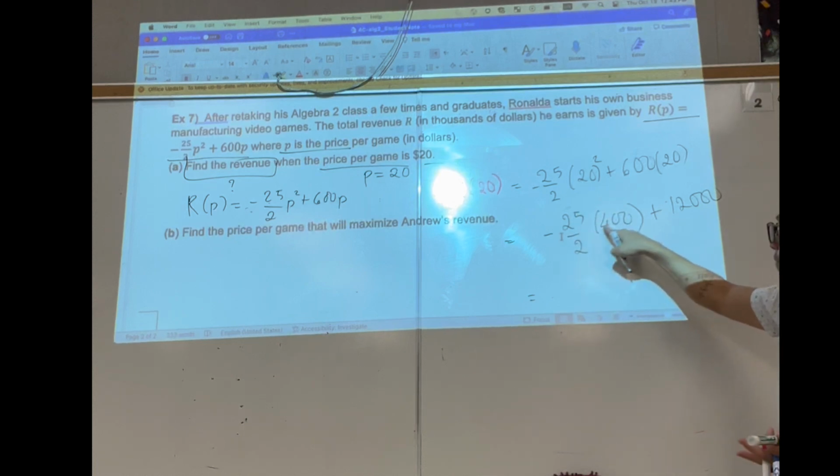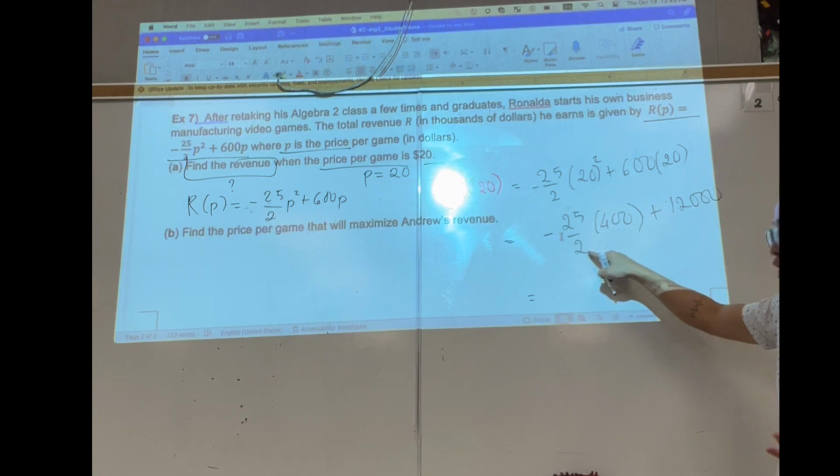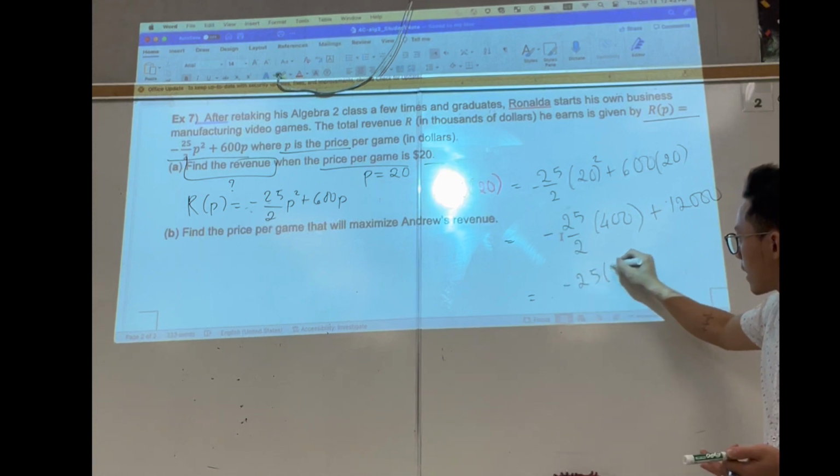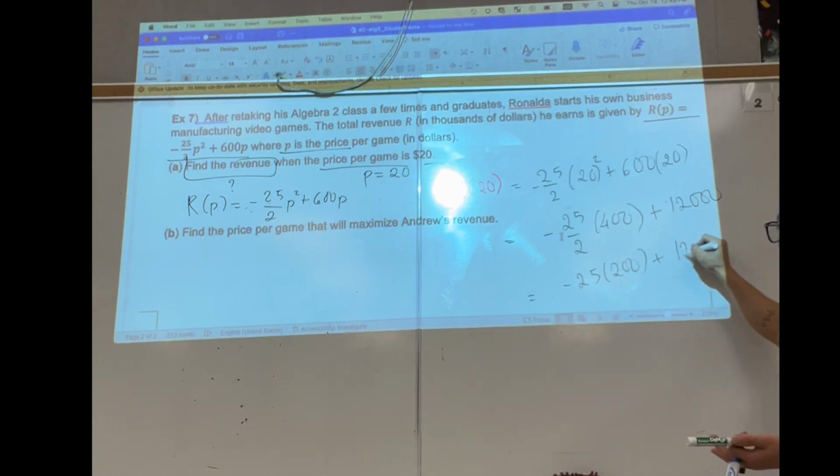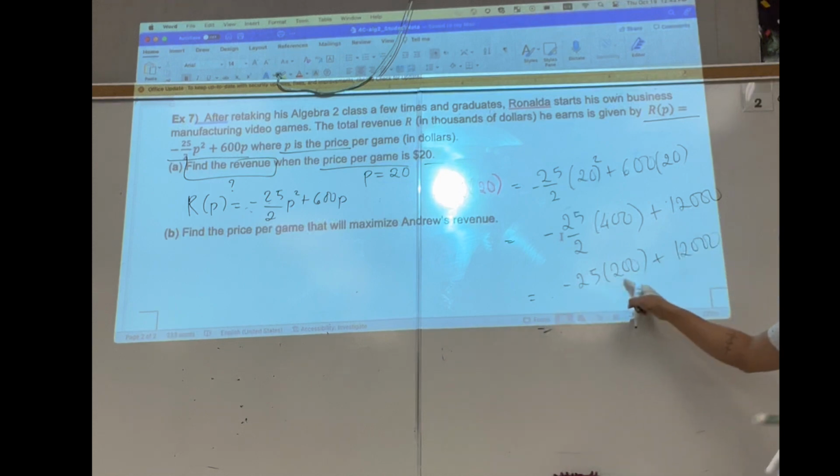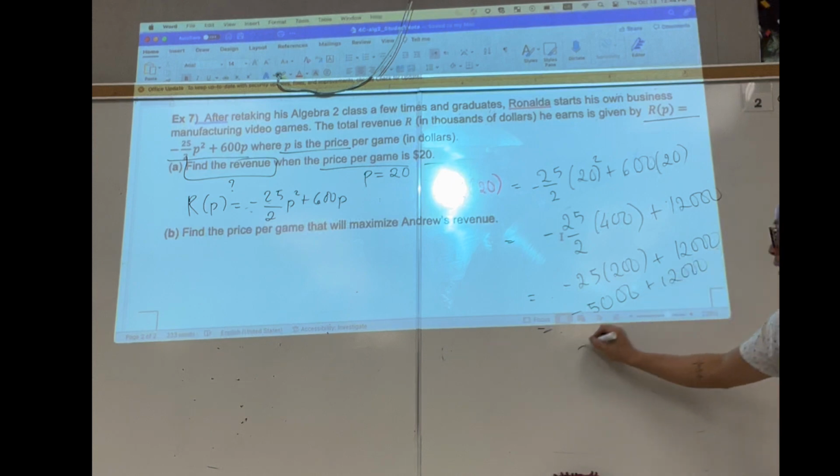Divide is better. 400 divided by 2 is 200. So I have times 200. Again, just multiply the number, you add the zeros later. 25 times 2 is 50. Yeah? What is negative 5,000 plus 12,000?